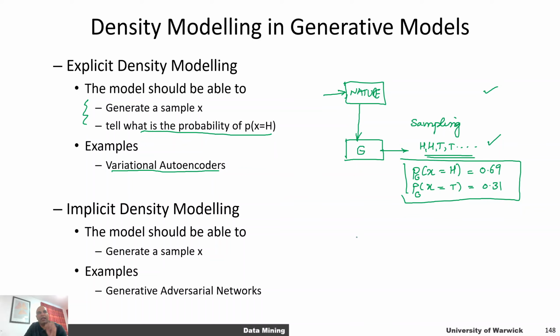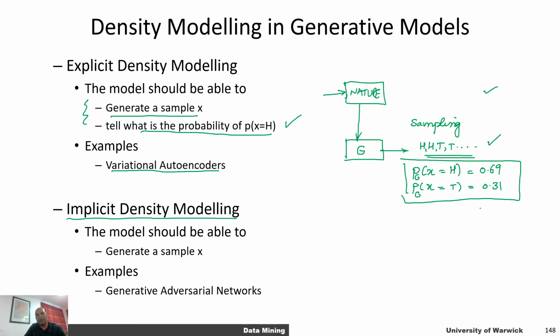Now, if you let go of the requirement that you want to be able to generate the probability of x equal to h, and you just restrict yourself to generating data, then what you can do is what is called implicit density modeling.